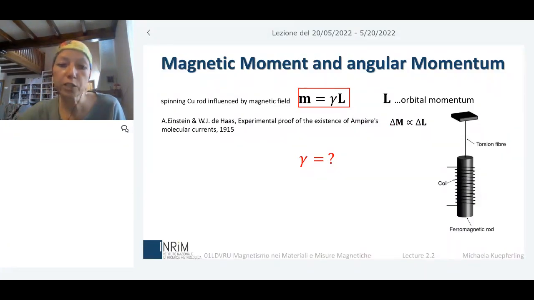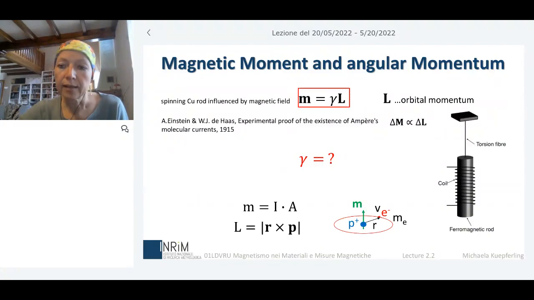But unfortunately, it was not yet understood at that time that in iron the magnetization is not caused mainly by the orbital momentum of the electrons, but by the spin momentum. However, of course, the experiment itself is very valid.